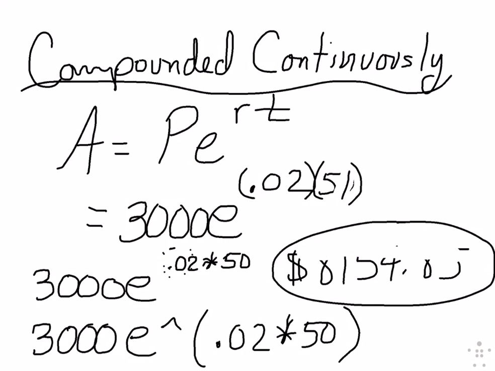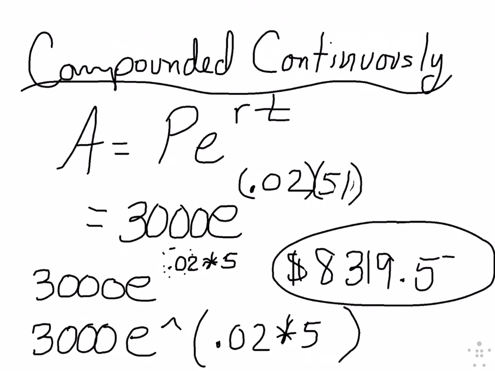I want to show you something with this. So rerun that thing, but change it to 51, not 50. 8,319, and how much change, guys? Okay?